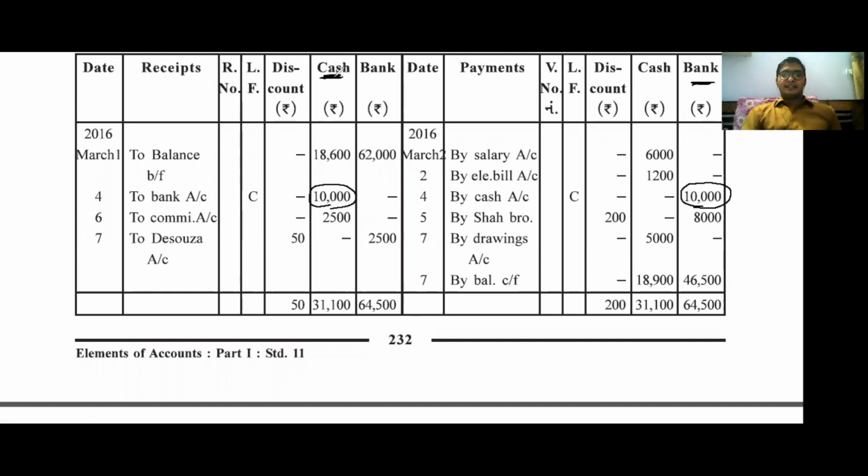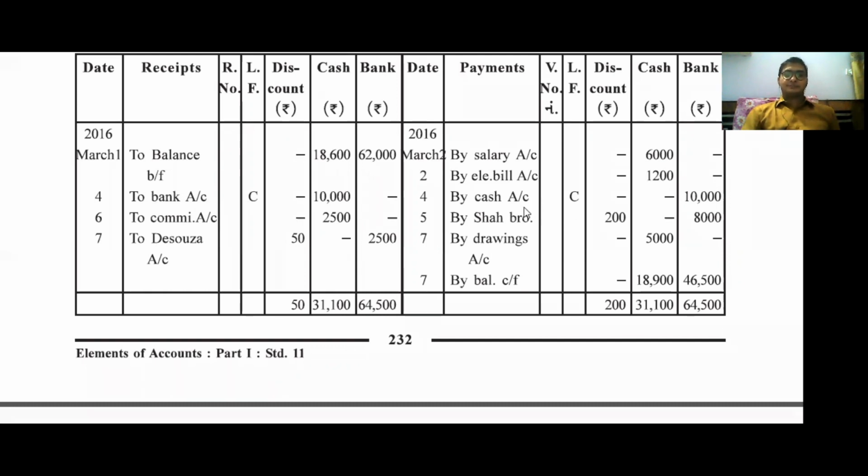Here the entry is in the cash column, so we have to write bank. Here the entry is in the bank column, so we have to write cash. And again it is a contra entry, so in the ledger folio number we have to write C for contra entry.